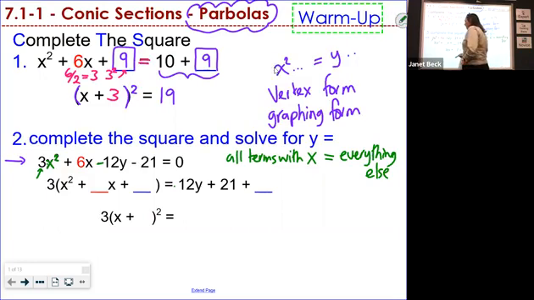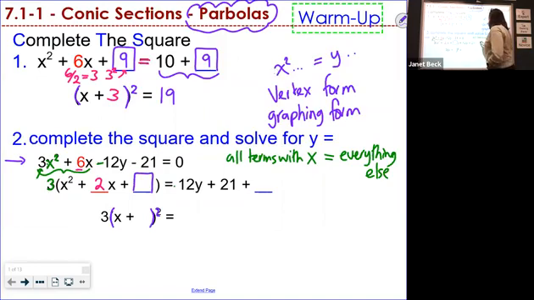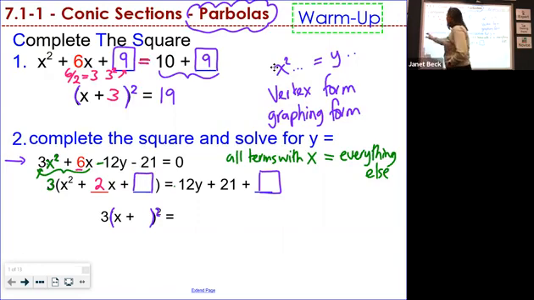So we're going to factor that 3 out from x squared and from that 6x as well. So this will become 3x squared plus, factor the 3 out of that 6, it becomes 2. Then we leave a space to complete that perfect square so we can factor it. And anything we add on that side, we also have to add on this side. So what do we add?